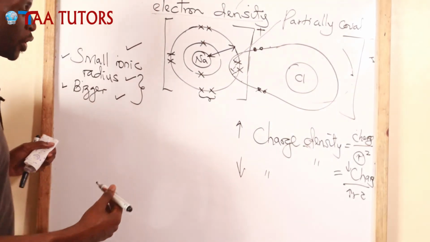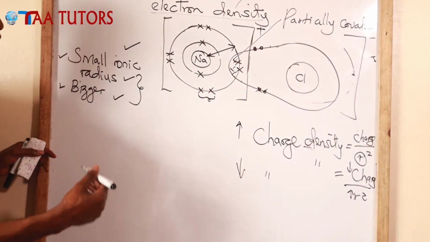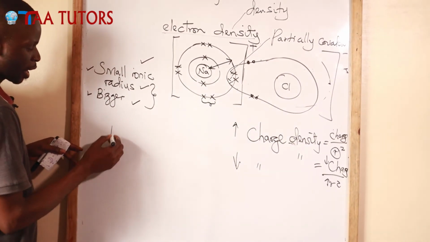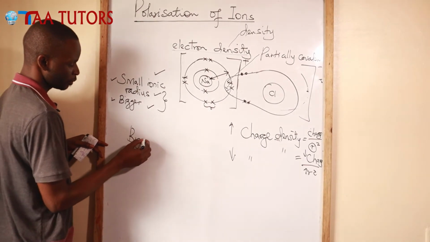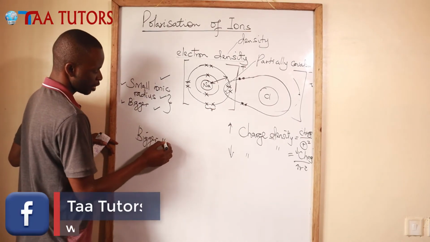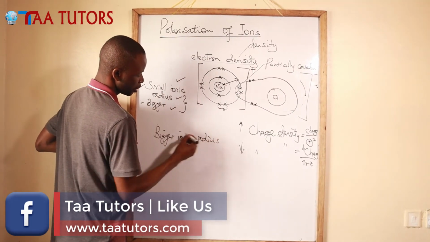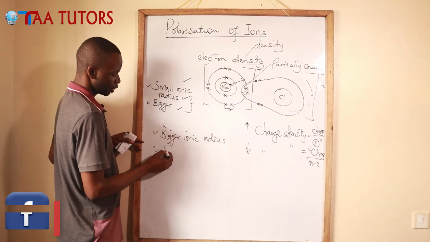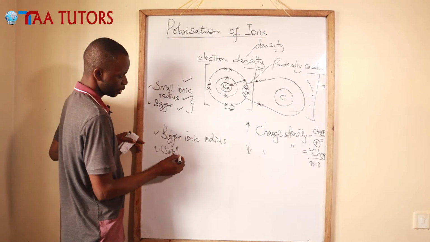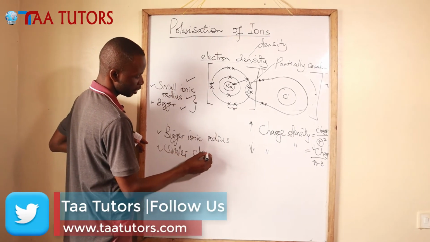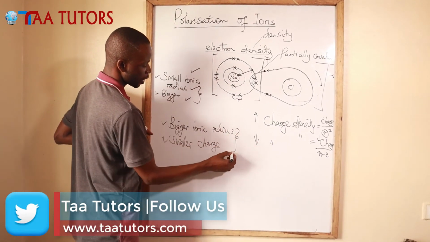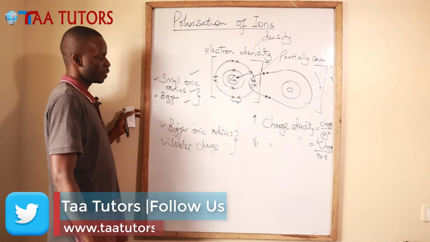So for anions, an ion will be highly polarized if it has a bigger ionic radius and a smaller charge.